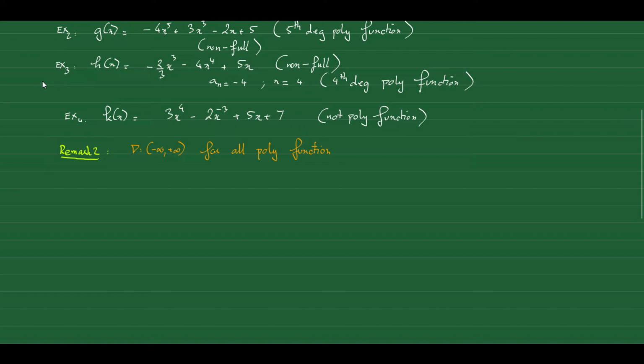So that's why a polynomial function can be in another form. We call it the factoring form.